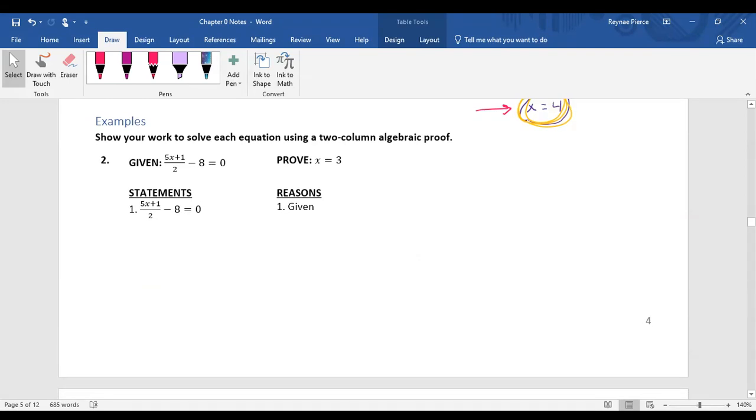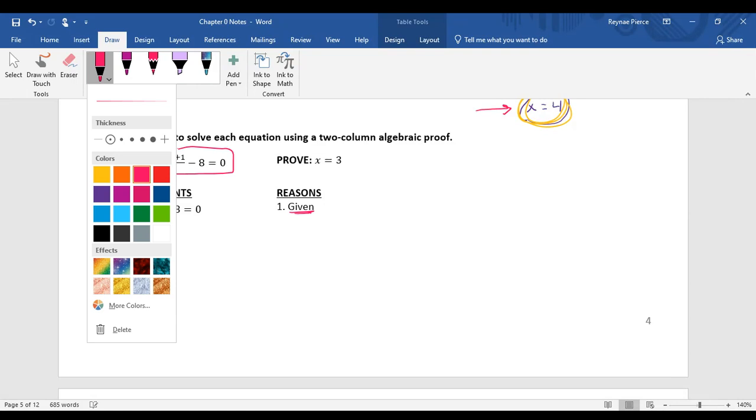Anytime that we do a proof, we always start with this given information here. That's our first statement, and that reason is because that information was given to us.